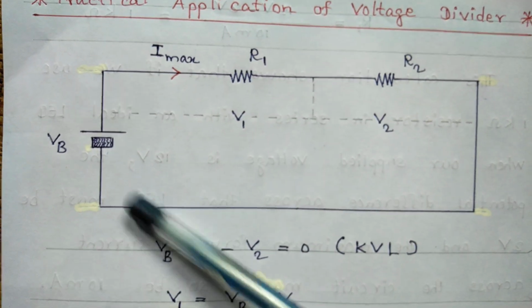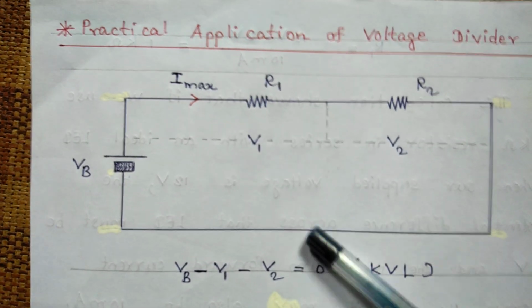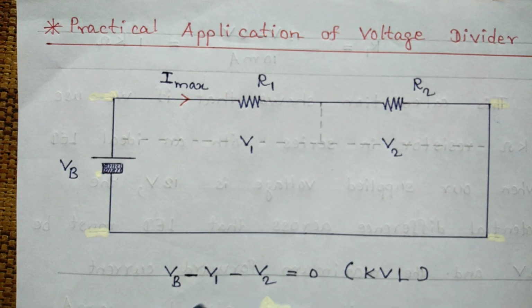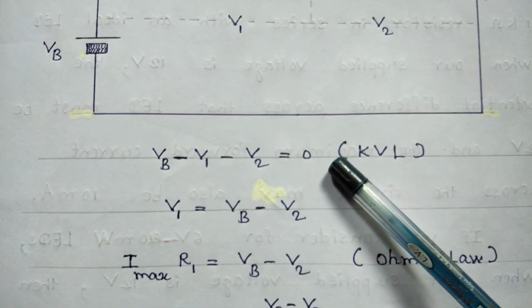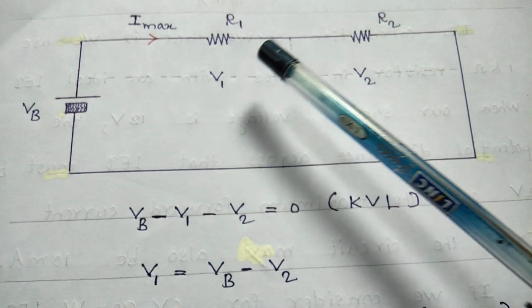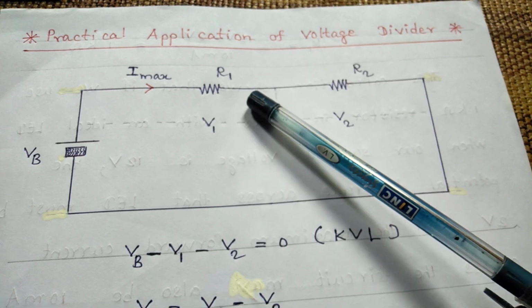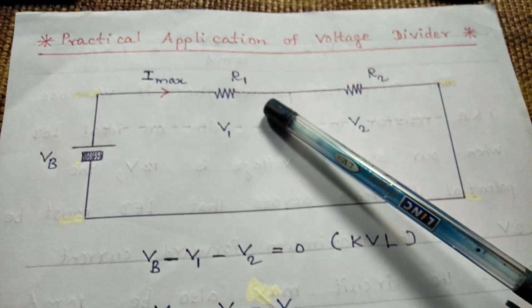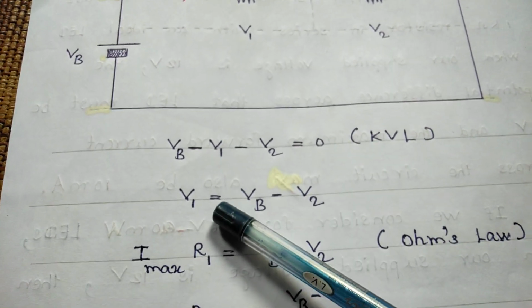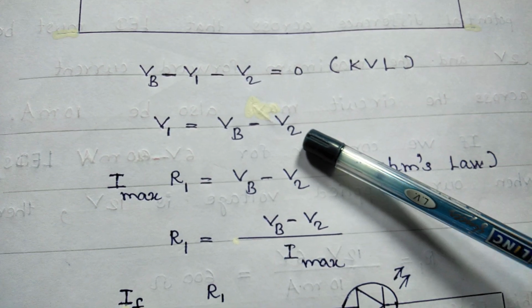If we apply Kirchhoff's voltage law to the whole circuit, we have this expression: VB minus V1 minus V2 is equal to 0. If we solve for the potential difference across the first resistor R1, we have V1 is equal to VB minus V2.